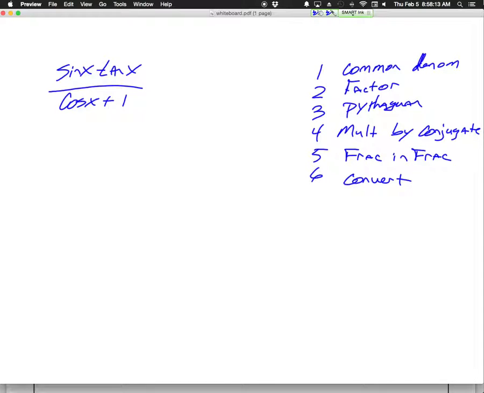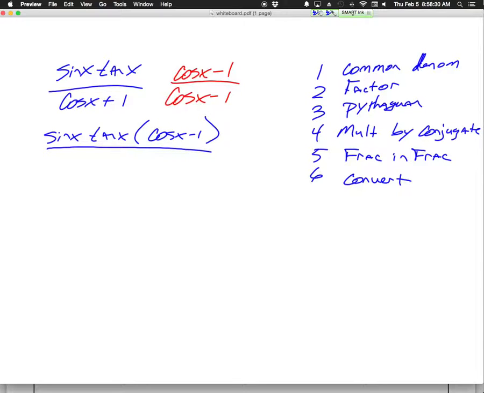Yes. So the top is going to be sine of x, tangent of x, parentheses, cosine of x, minus 1. The denominator is cosine squared of x, minus 1.